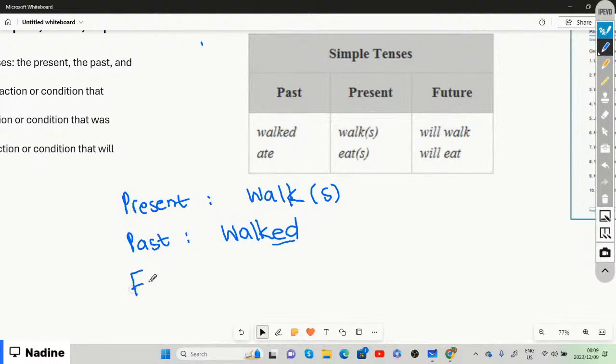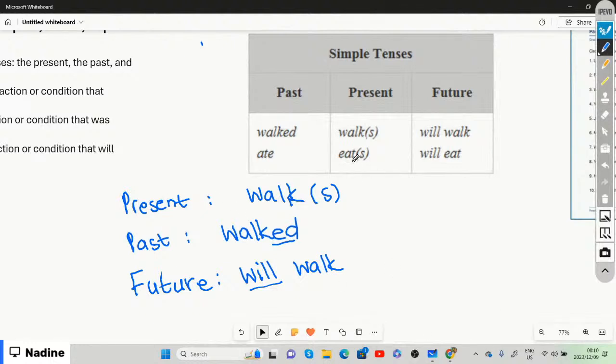Then in the future tense, it indicates that the person will walk, meaning they did not walk as yet. So we add ed for the past, we add will for the future, and in the present, depending on whether the person is singular or plural, the person either walk or walks.